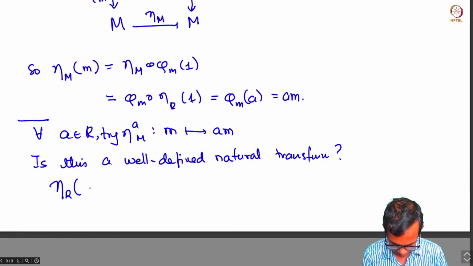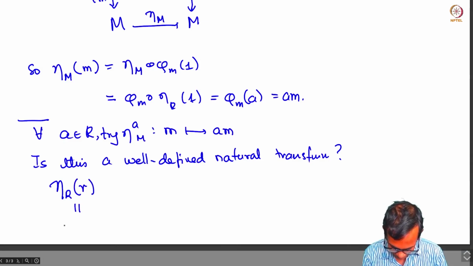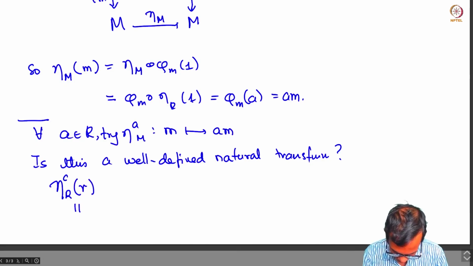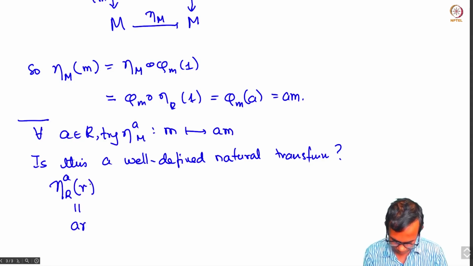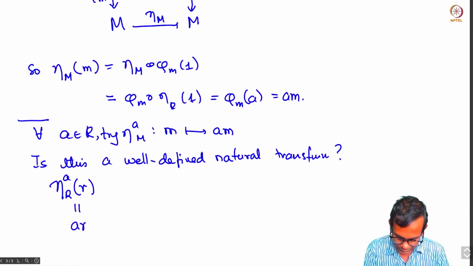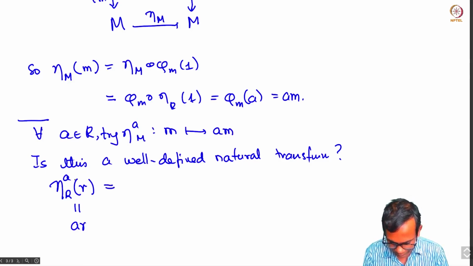So we have eta_R of r. On one hand, this is going to be just ar by this calculation here. Eta_M of m is am, so I'm just applying r here. But on the other hand, this needs to be an R module homomorphism.